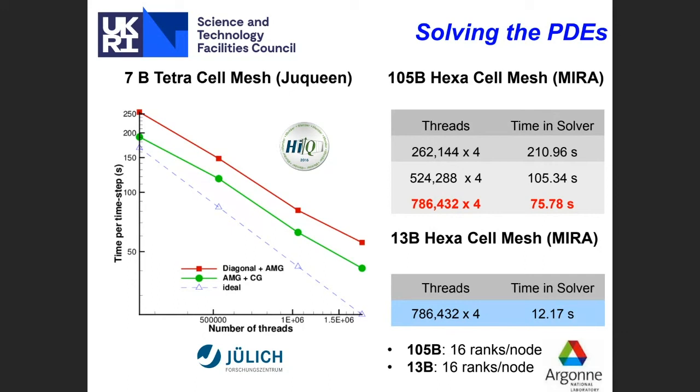This is what happened when you go from 500,000 to about 1 million threads, and going from 500,000 threads to 3 million threads.